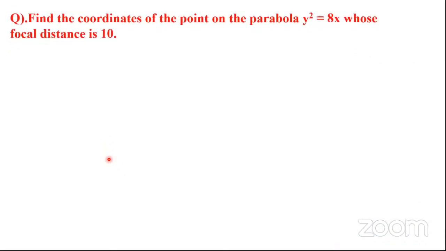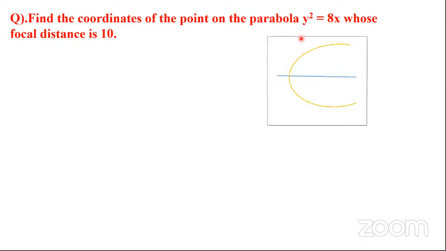Let us solve a problem depending upon the concept. Find the coordinates of the point on the parabola y square is equal to 8x, whose focal distance is 10. Look at the figure carefully, children. Take the parabola y square is equal to 8x. The focal distance is nothing but the distance of the point on the parabola from the focus of the given parabola, SP.